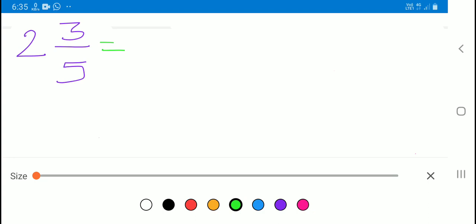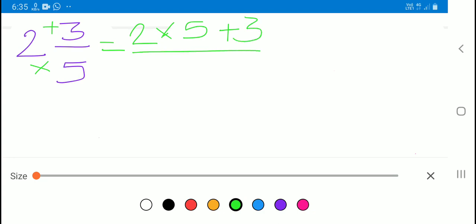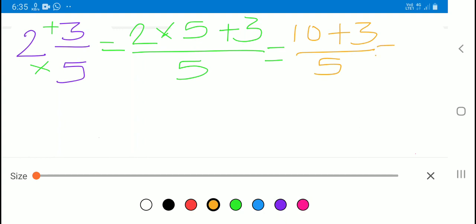What do we have to do first? We have to multiply these two numbers and add this number. So 2 multiplied by 5 plus 3 upon 5 is equal to 2 5s are 10 plus 3 upon 5.